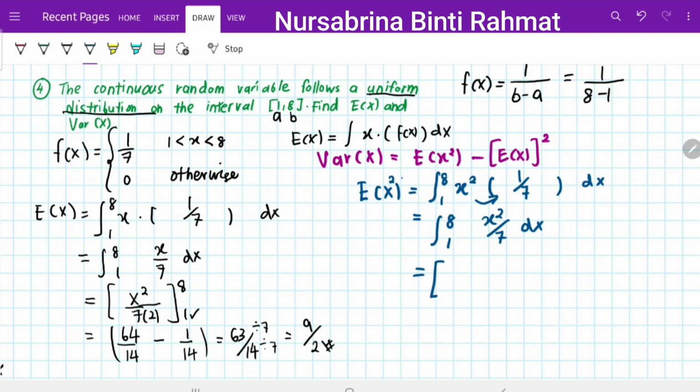Integrating x squared becomes x cubed over 3 multiplied with 7, between the class interval 1 to 8. Let's replace x with 8. 8 to the power of 3 is 512, minus 1, over 21. If we simplify this, you will get your answer to be 73 over 3.